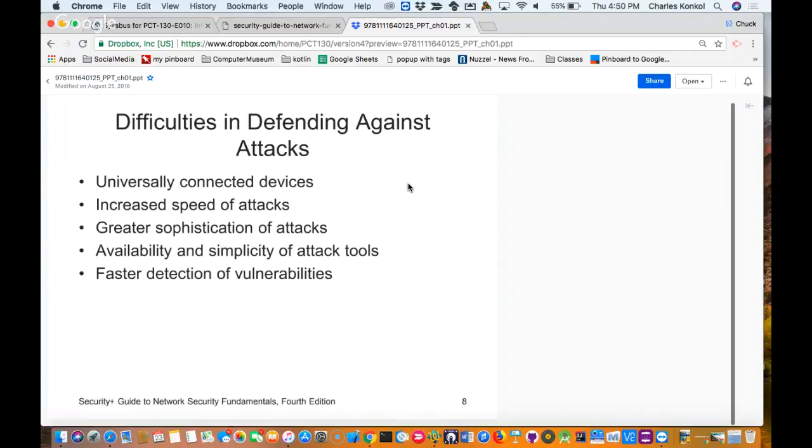Greater sophistication of attacks, speed of attacks, availability of tools like script kiddies, and faster detection of vulnerabilities. There's actually a really huge business today in the white hat hacker world, which means people that do it for good, where they find vulnerabilities in software or in processes and tell the company what that vulnerability is and ask them to fix it.